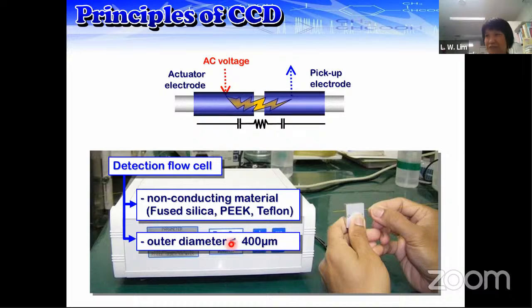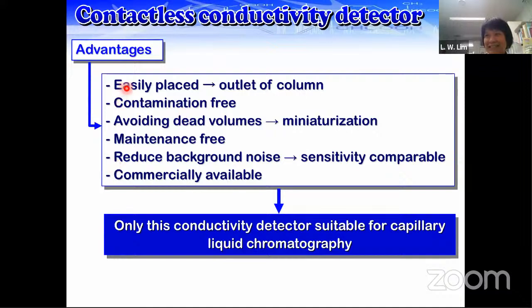The advantage of this contactless detector is that it's very easy. We just use our column as the detector. It's so convenient for a capillary system, it's contamination free, and you can avoid dead volume. Dead volume means the volume between the detector and the column.